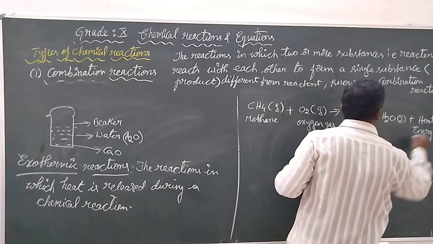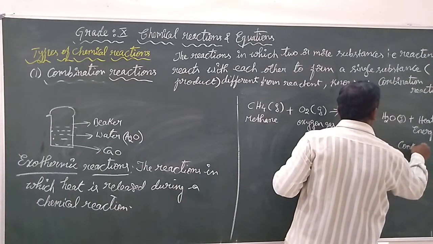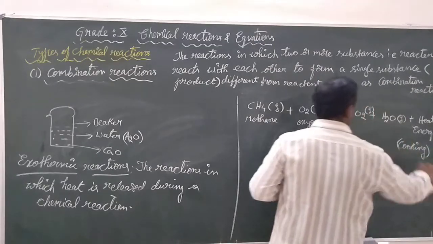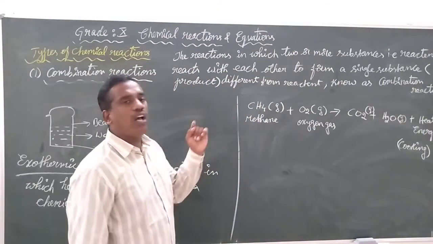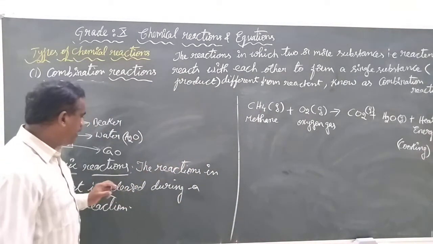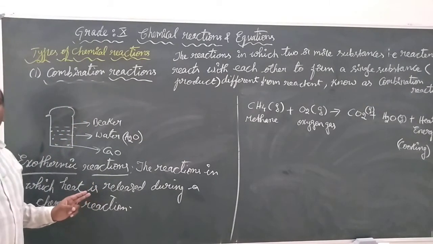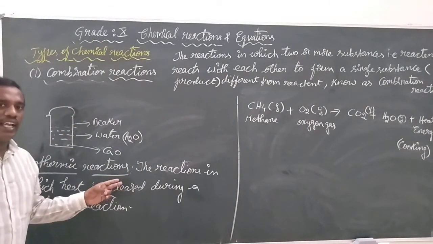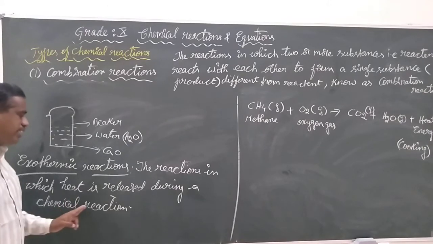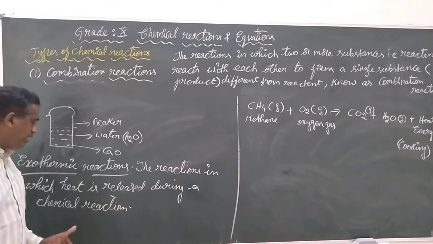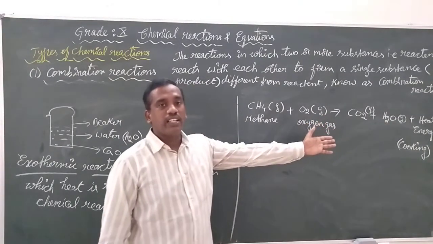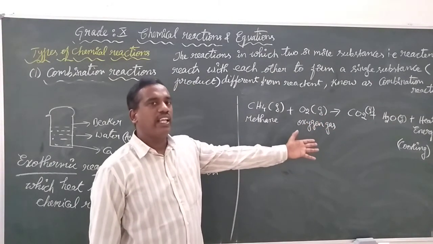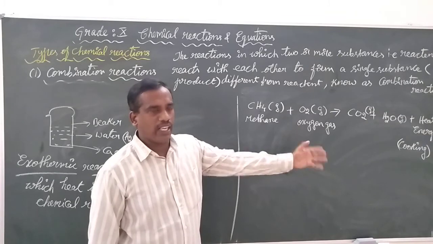That heat energy we use for cooking. So shall we call this also an exothermic reaction? Because what is an exothermic reaction? The reactions in which heat is released during a chemical reaction. In this reaction also heat energy is released. That is, cooking is an exothermic reaction.